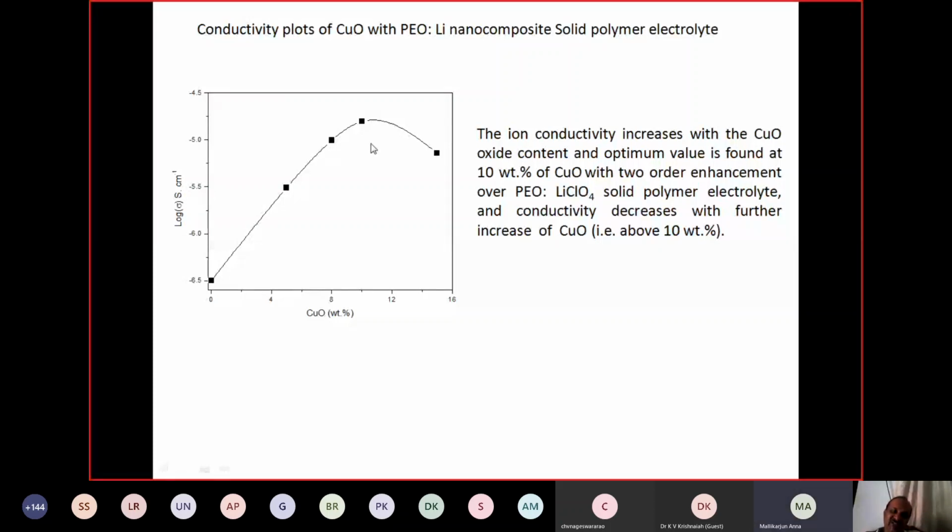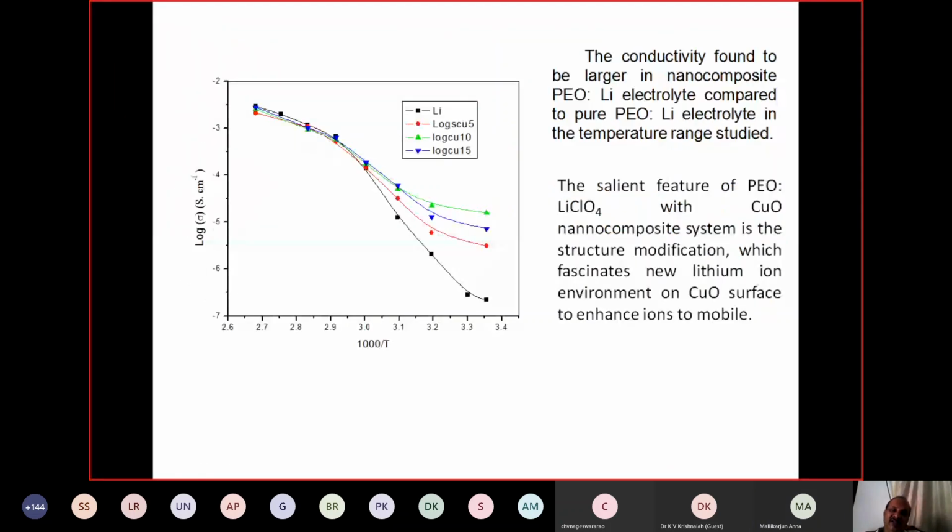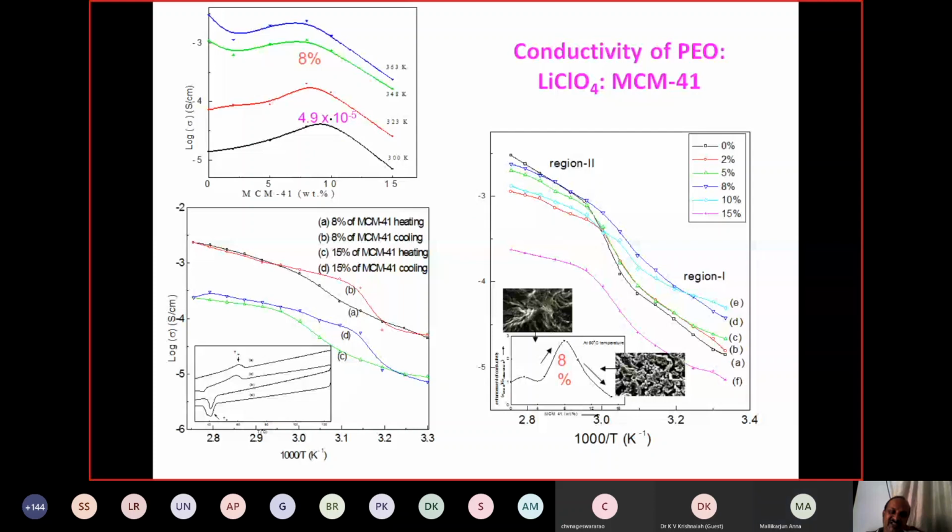The same thing is shown for temperature versus conductivity. This is for another nanoparticle, MCM41, which is related to silicon oxide. How the conductivity is decreasing: you see it increased, sometimes decreasing. This is also explained by considering the crystalline nature, and how the conductivity increases with temperature is also shown here.